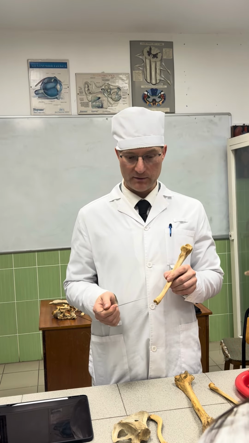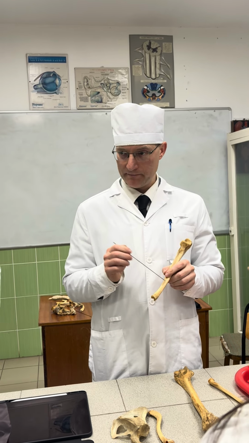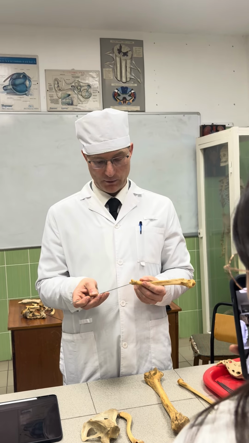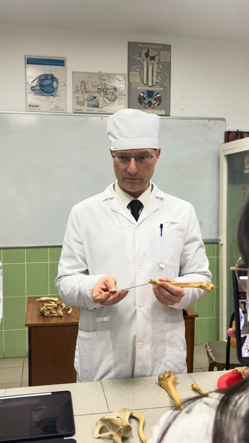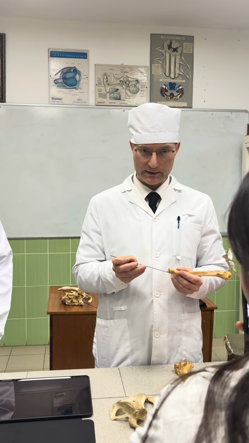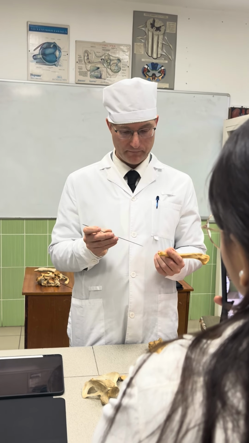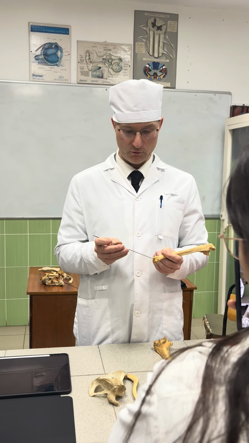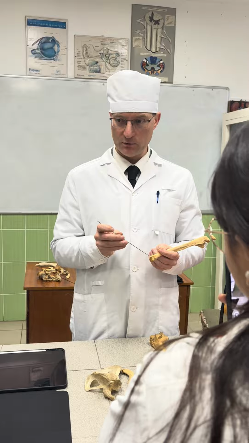The lower part is named caput ulnae, head of the ulna. On the head, we have this round articular surface, circumferentia articularis ulnae. And here we have the styloid process of the ulna, processus styloideus ulnae.